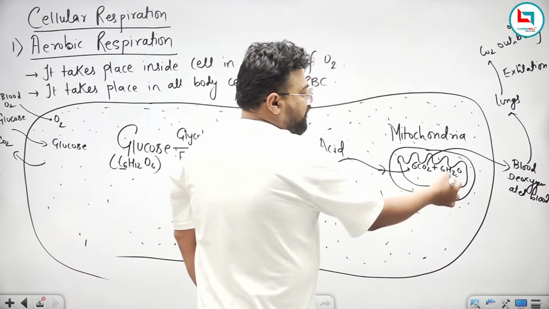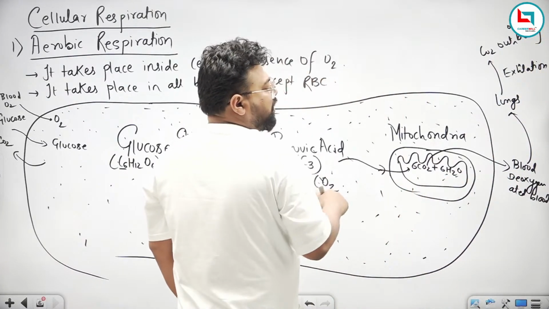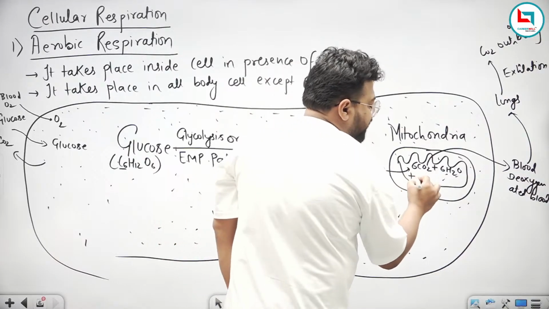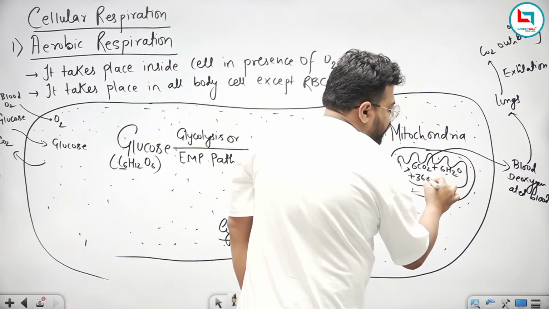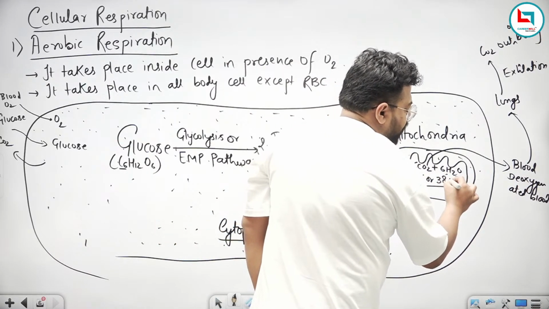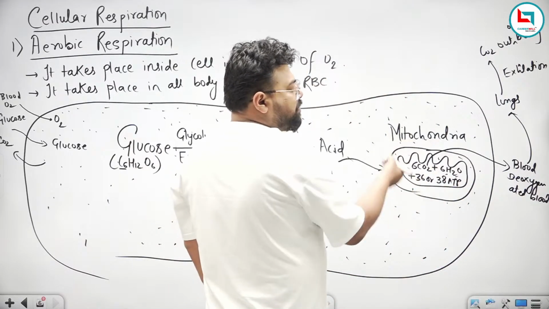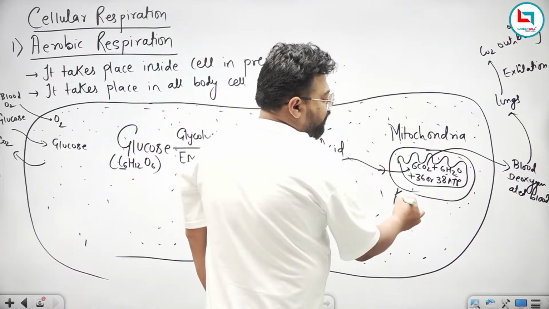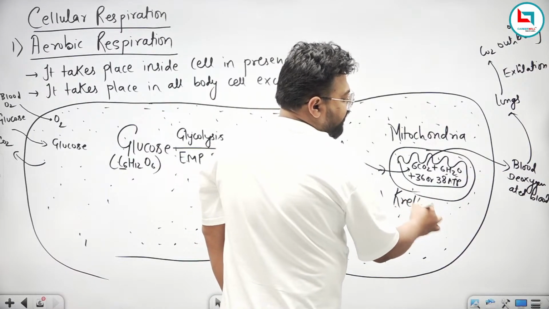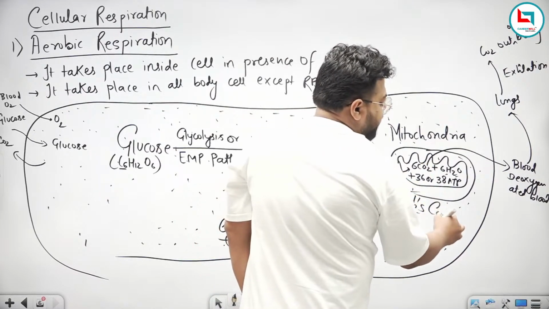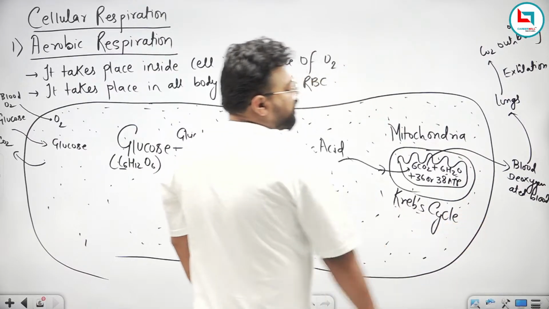Fine. And this water will get used up by the cell only. Plus it will form 36 or 38 ATP molecules. Now this cycle, which is going on inside the mitochondria, was first of all discovered by Krebs. The scientist was Hans Krebs. Hence this cycle is known as Krebs cycle.